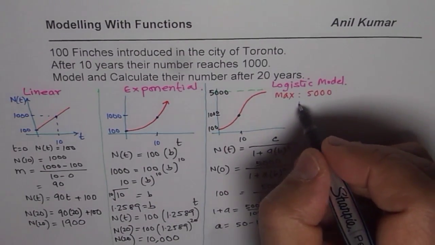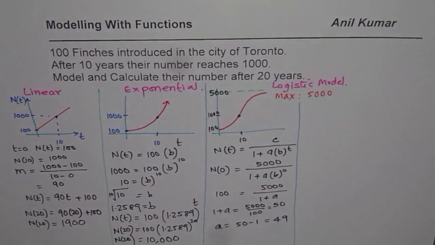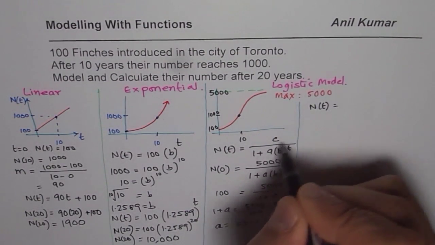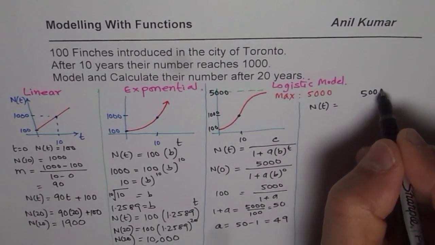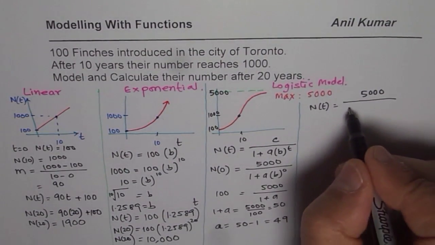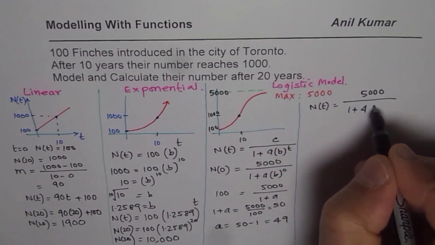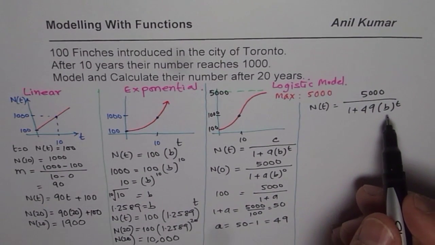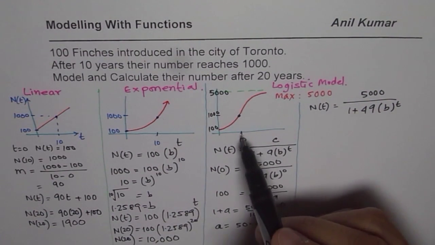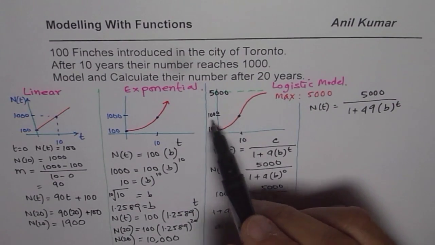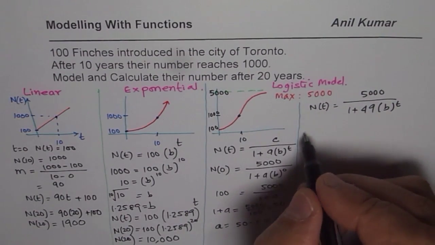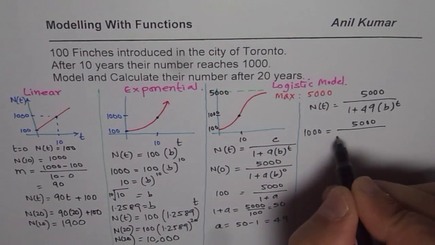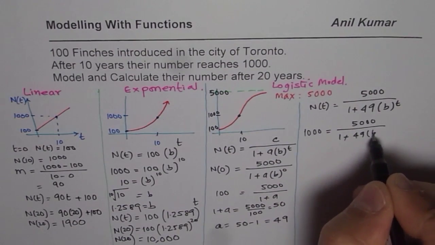Now let's continue. Since A is 49, we can write this formula as N(t) equals capacity of 5,000 divided by 1 plus 49 times B to the power of t. We need to find B now, the second variable. We can find that from the given value, that after 10 years we have 1,000 finches, correct? So 1,000 equals 5,000 divided by 1 plus 49 B to the power of 10.